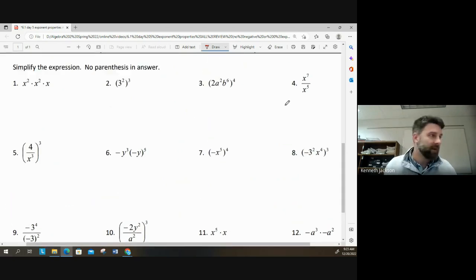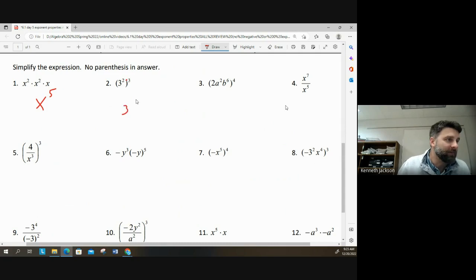On number 1, if you multiply by the same base, add the exponents. Power to a power, multiply the exponents. A lot of kids are going to write 8. It's not 8, it's 2 to the 4th. I'm not multiplying 2 times 4. The exponent on the 2 is a 1, so it's 2 to the 4th, a to the 8th, b to the 24th.